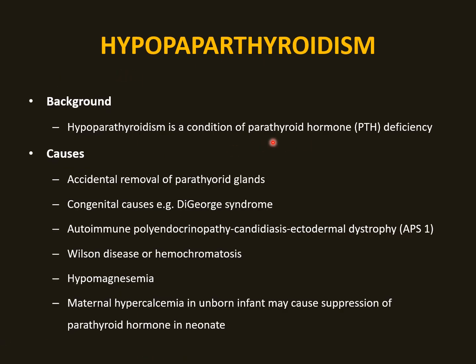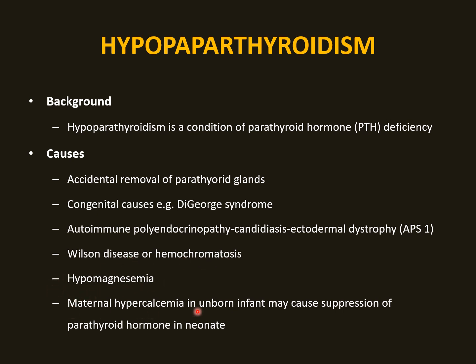Hypoparathyroidism is a condition because of deficiency of parathyroid hormone. This can happen because of accidental removal of the parathyroid gland during thyroid surgery. Congenital causes, for example, DiGeorge syndrome, autoimmune polyendocrinopathy, candidiasis, ectodermal dystrophy, Wilson disease, hemochromatosis, hypomagnesemia.